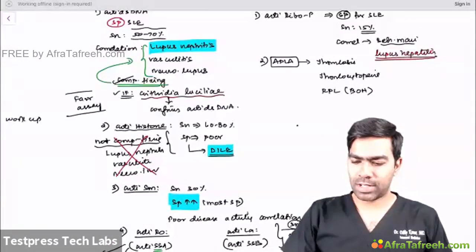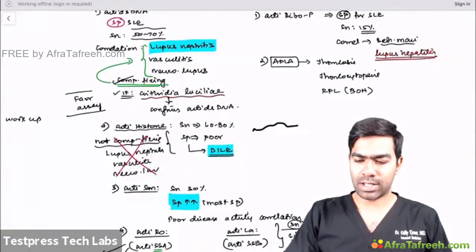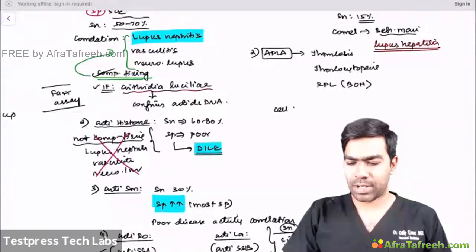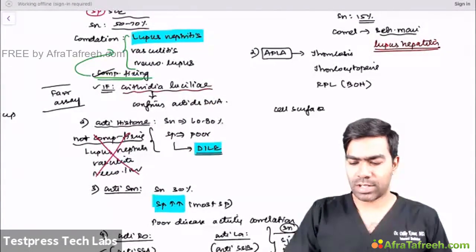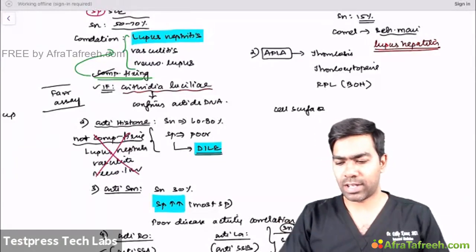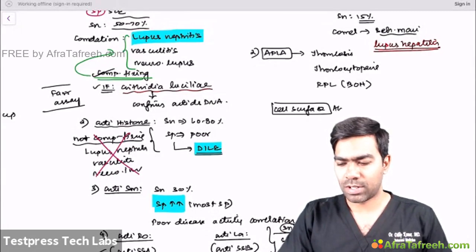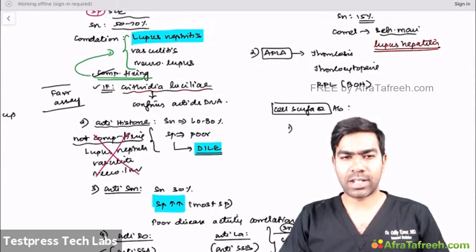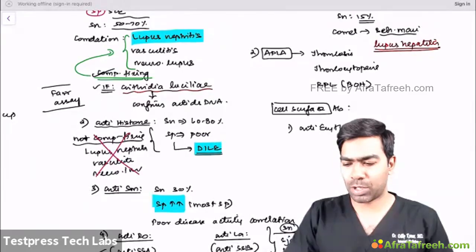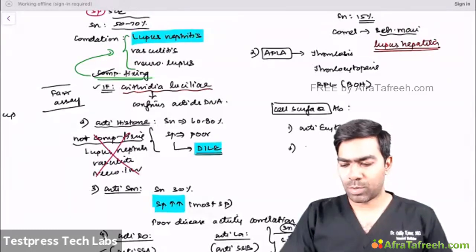So then we have certain cell surface antibodies in SLE. These are not basically called ANAs, but you can write them separately also. But because I want to constrict everything in this small space, I'm trying to write here also. Cell surface antibodies. What are cell surface antibodies that you can see in SLE? One is the hematological antibodies, anti-erythrocyte antibodies, which correlate with autoimmune hemolytic anemia.